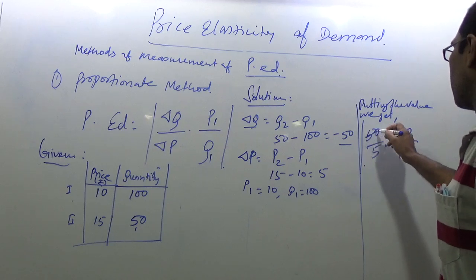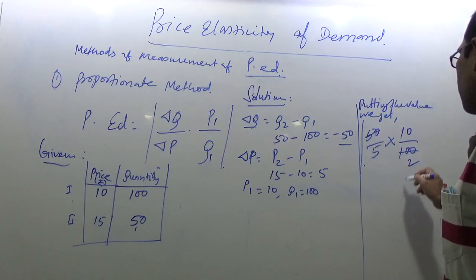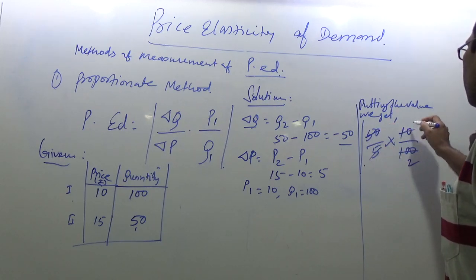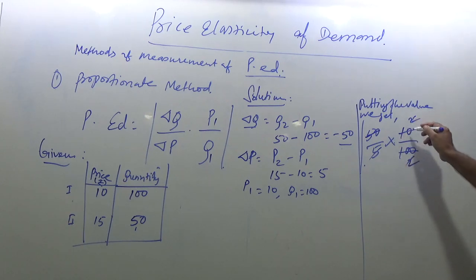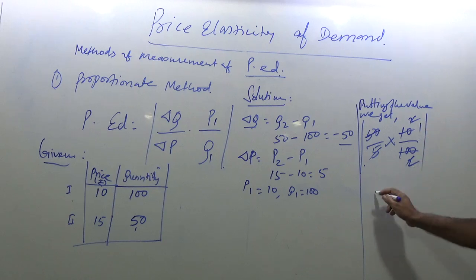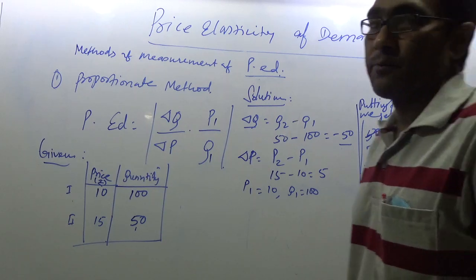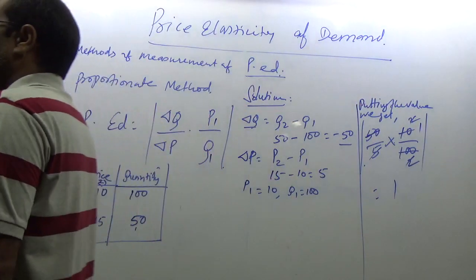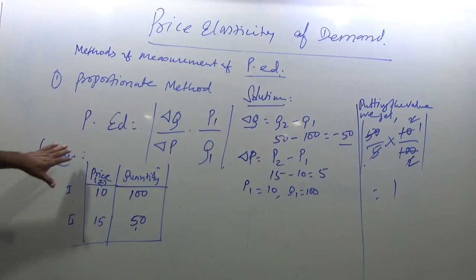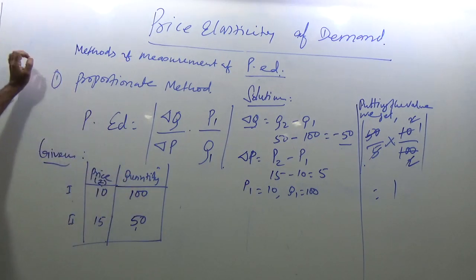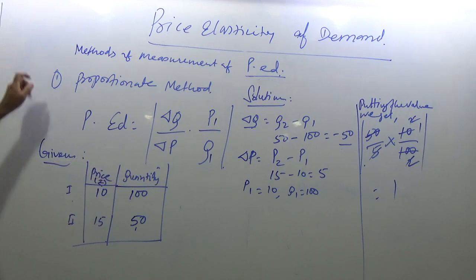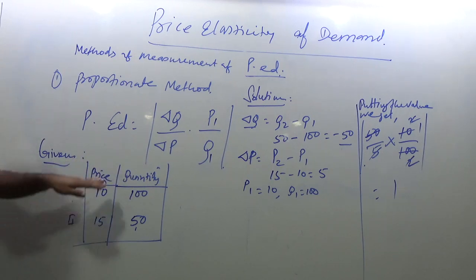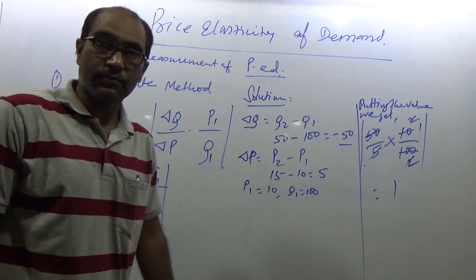See, 50 upon 100 is 2, 5 twos are 10 and 2 twos are 1, equals 1. If the information is such, you can easily calculate the price elasticity of demand by proportionate method.